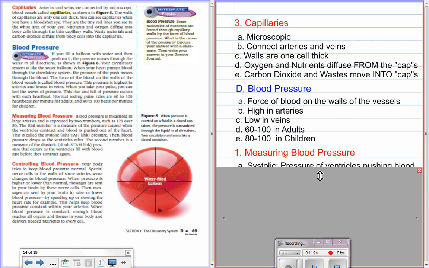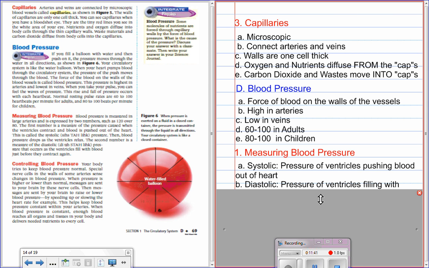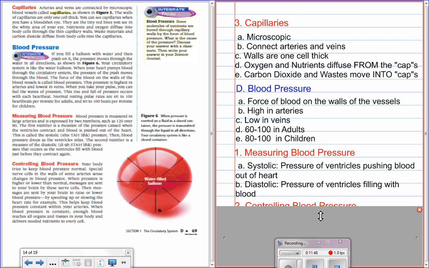Okay, so systolic is when the ventricles contract, the pressure of ventricles pushing blood out of the heart. So we defined systolic. Now we're going to define diastolic. It is the pressure when the ventricles are filling with blood. So that is the two numbers that make your blood pressure.